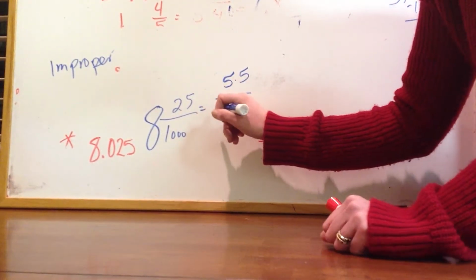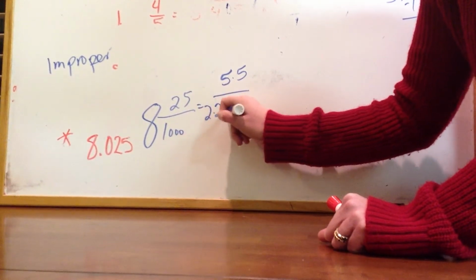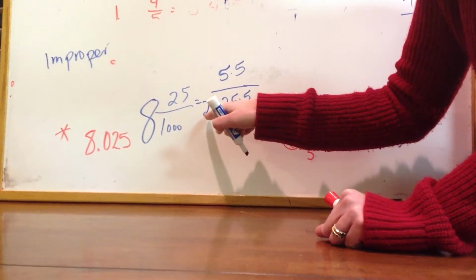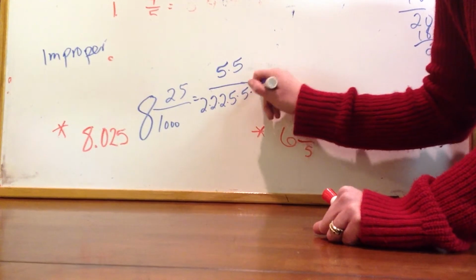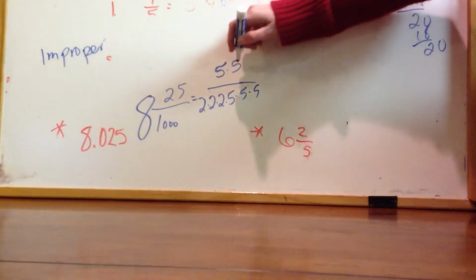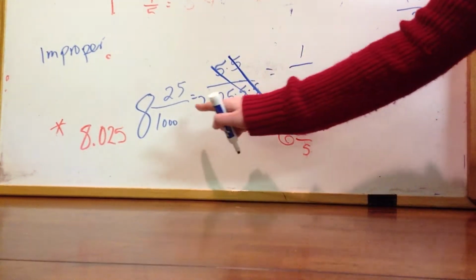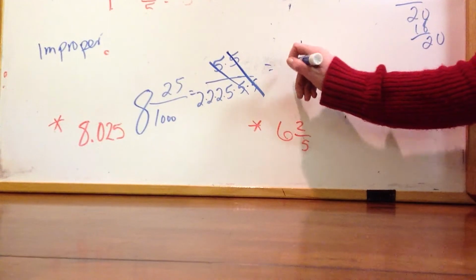And in the bottom, we have 100 times 10, so 100 is 2 times 2 times 5 times 5, and then 10. And then we're going to cross out our matching stuff. You should end up with 1 over 40, 1/40th.